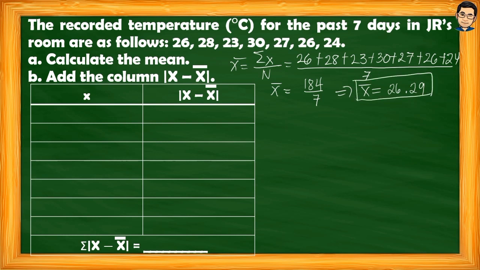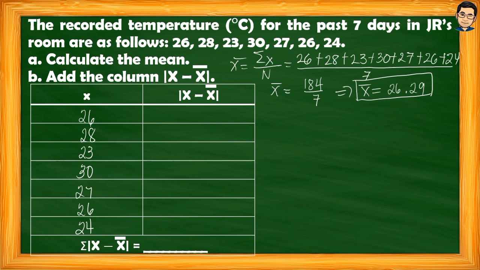Next, ilista natin yung mga temperature dito sa first column. So, 26, 28, 23, 30, 27, 26, 24. Okay. Next, subtract ngayon natin yung 26.29 dun sa mga temperature, individual temperature.